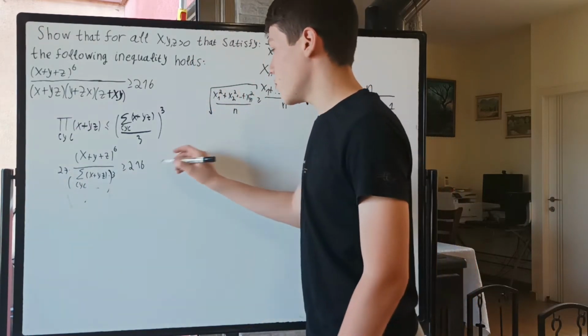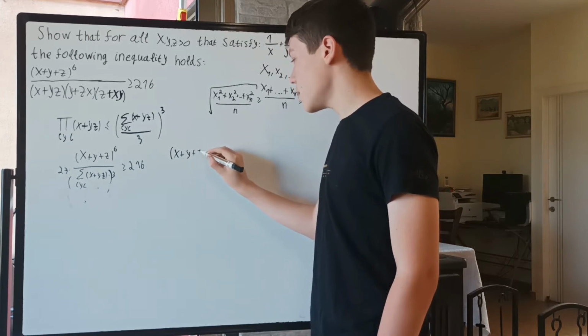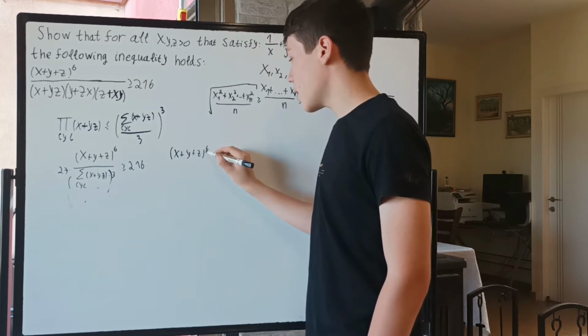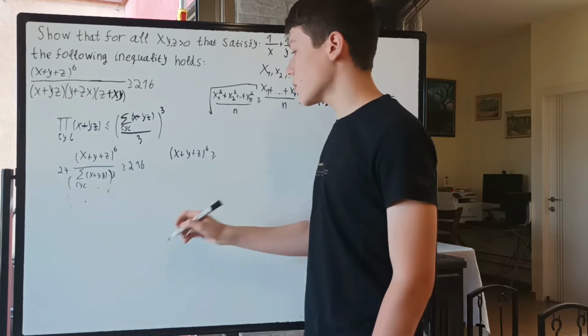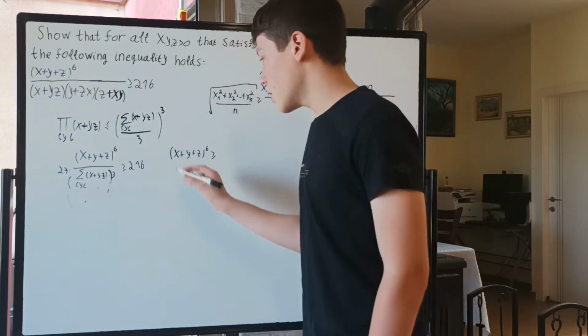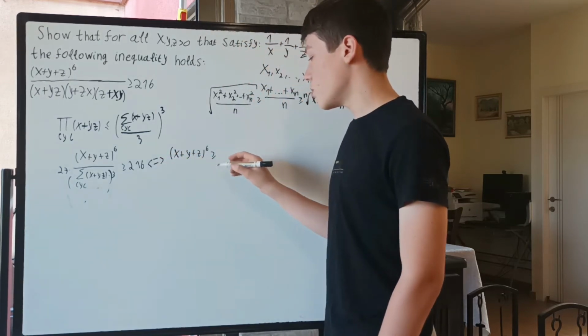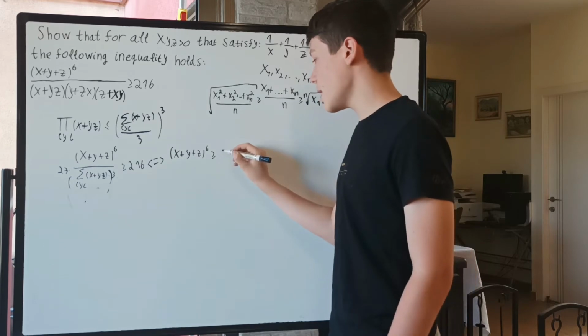Now we can move the 27 to the other side. We'll have (x plus y plus z) to the 6th power, and I'll multiply on both sides by this number. And we get that this inequality is equivalent to 216 divided by 27, which is 8.